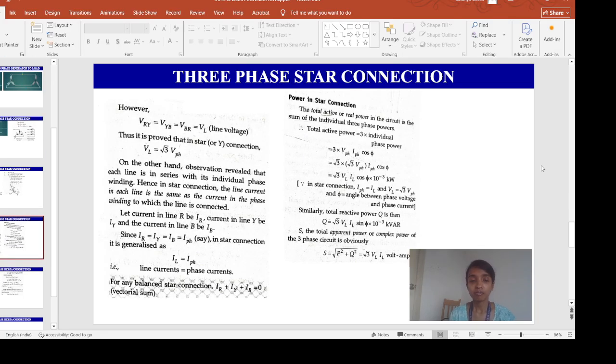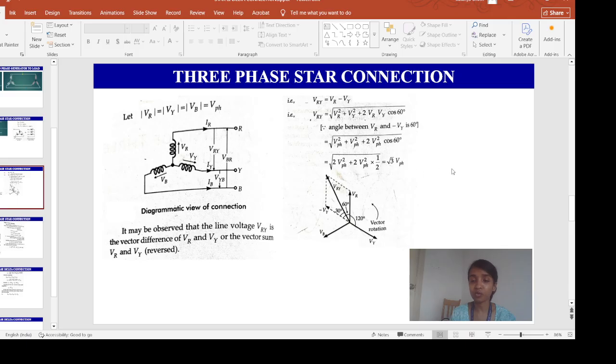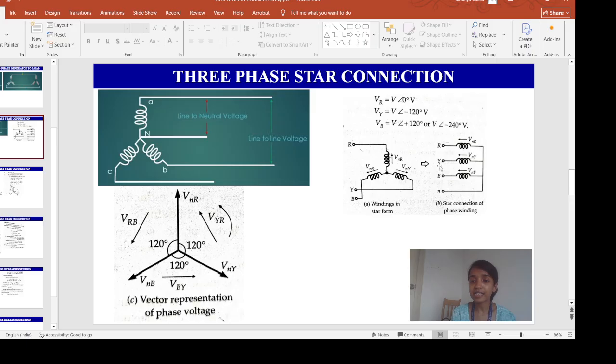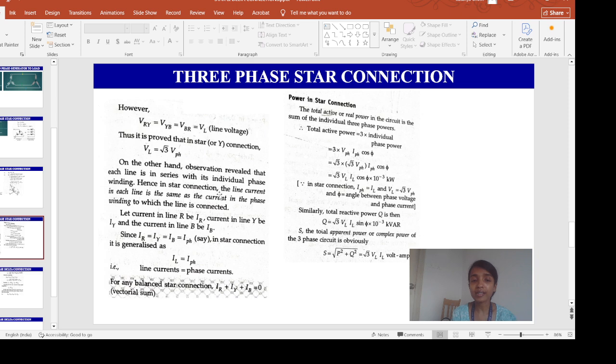Now, we have already seen many times VRY, VYB, VBR. These are nothing but my line voltages, the voltage difference between two lines. In the previous slide we received this VRY line voltage equals root 3 V phase. Now, we also have seen that each line is in series with its individual phase winding. So in star connection, the line current in each line is the same as the phase winding to which the line is connected.